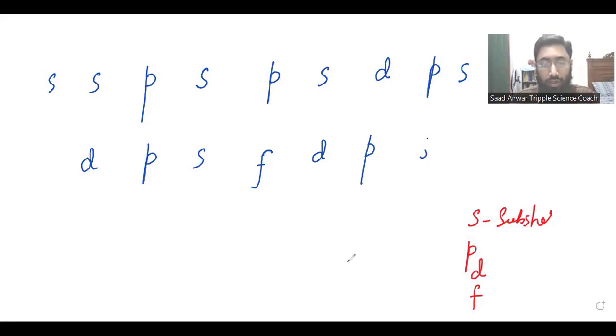One student really asked a good question: can the S subshell only hold 2 electrons, since in 7s? Yes, 7s will hold 2 electrons. Now I am going to put electrons, just one second.